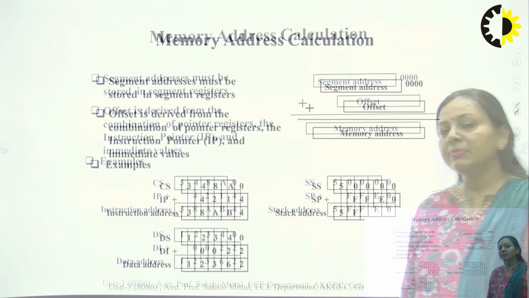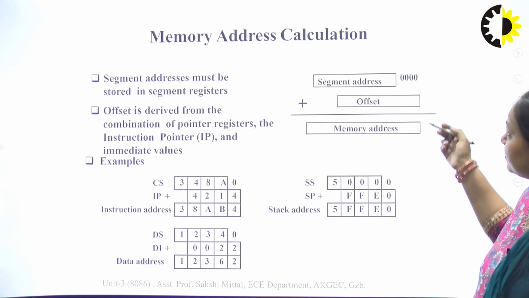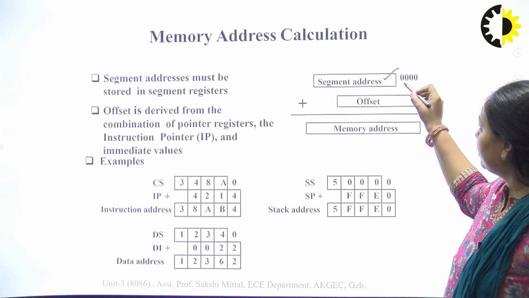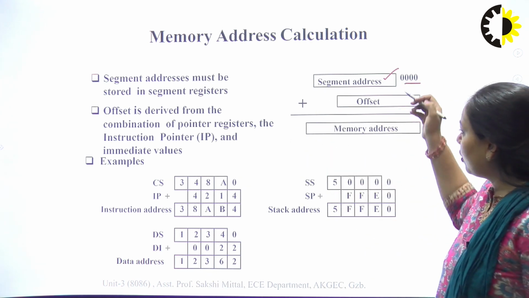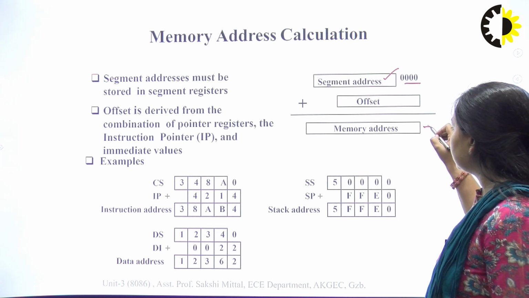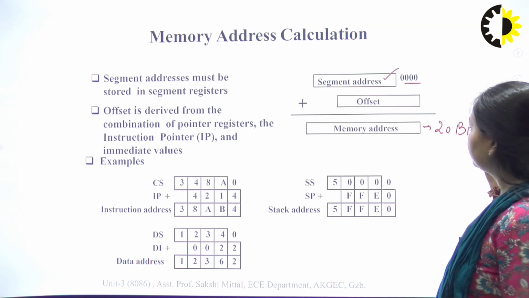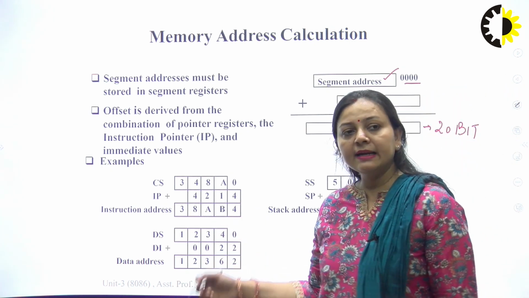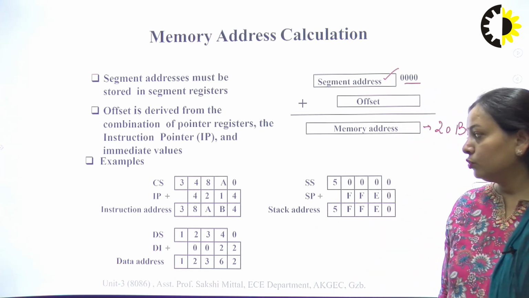Now we'll take this example. I have a segment register address and an offset address. If you have a segment address, you just need to shift that address by 4 bits and add the offset address. You will get a 20-bit memory address. For example, in this particular example, the code segment is at address 348AH and IP has 4214.